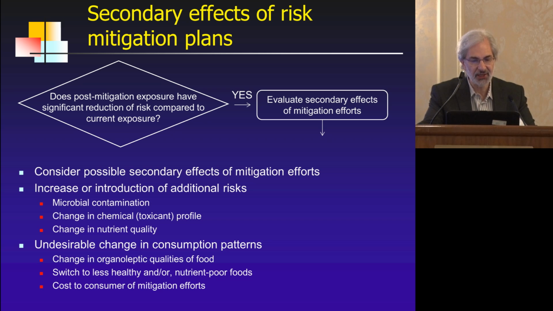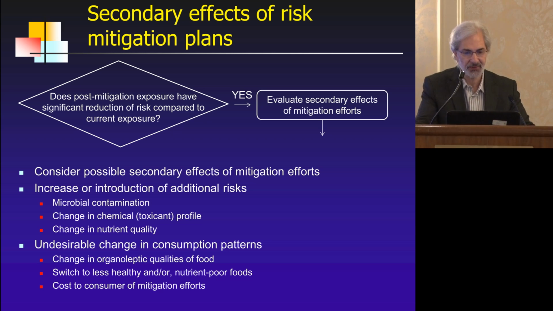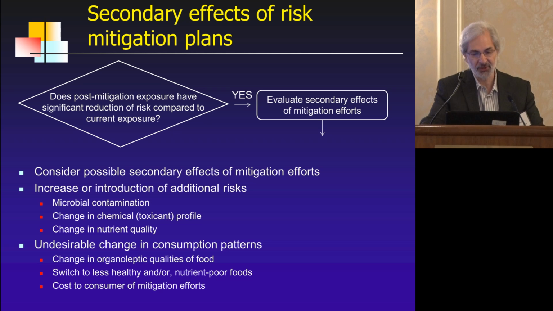We could change the toxicant profile of the food. We could change its nutrient quality. There could also be undesirable changes in consumption patterns overall. There could be changes in the organoleptic qualities of the food, making it less acceptable to the population, despite the fact of providing some important nutrients.